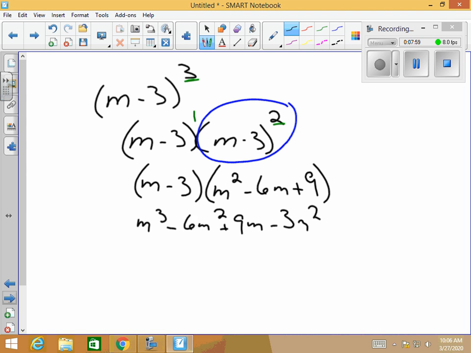Negative times a negative is a positive 18m, and a negative times a positive is a negative, and 3 times 9 is 27. And now I've got to combine like terms, so I get m cubed minus 9m squared plus 27m minus 27.